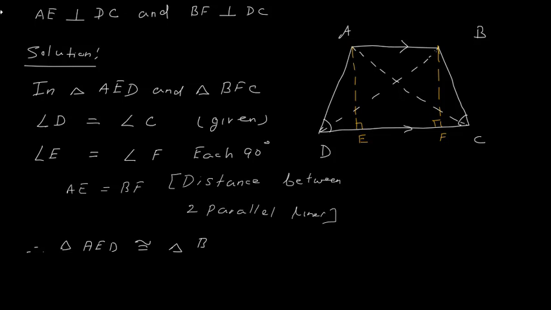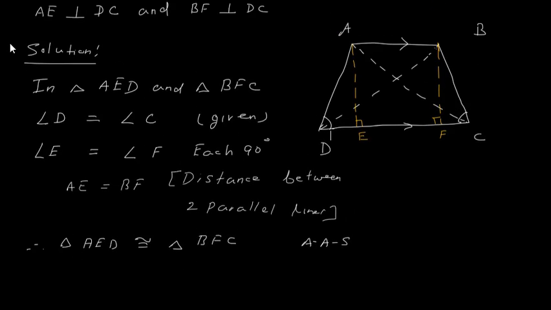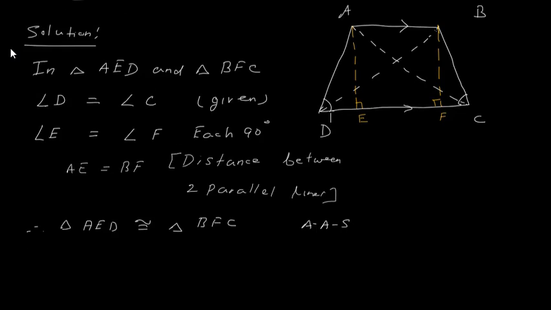Now what is the criteria we are using here? We are using angle side. You can see this angle and this side. So these two triangles we have proved congruent.